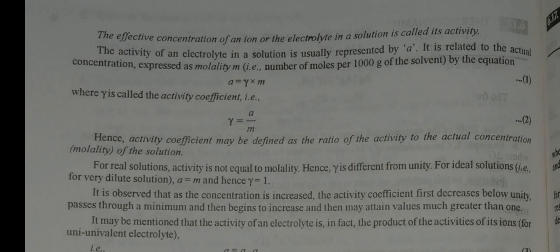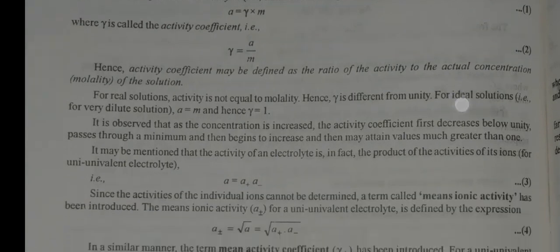That is, gamma is equal to a upon m. Hence, activity coefficient may be defined as the ratio of the activity to the actual concentration or molality of the solution. For real solutions, activity is not equal to molality, hence gamma is different from unity. For ideal solutions, a is equal to m and hence gamma is equal to 1.